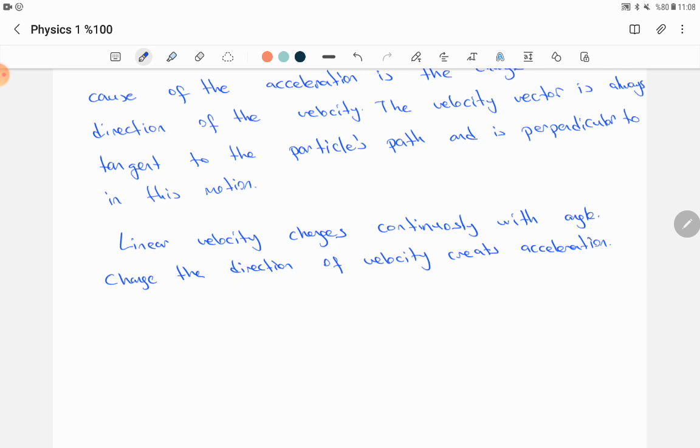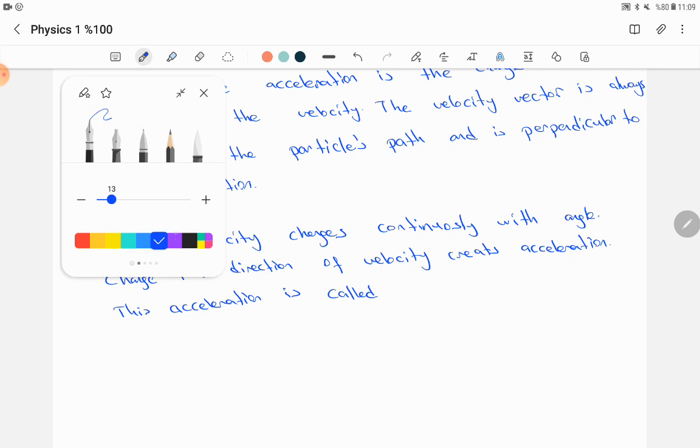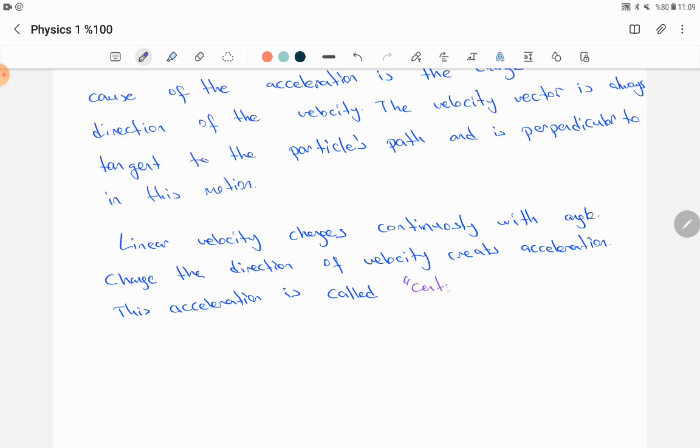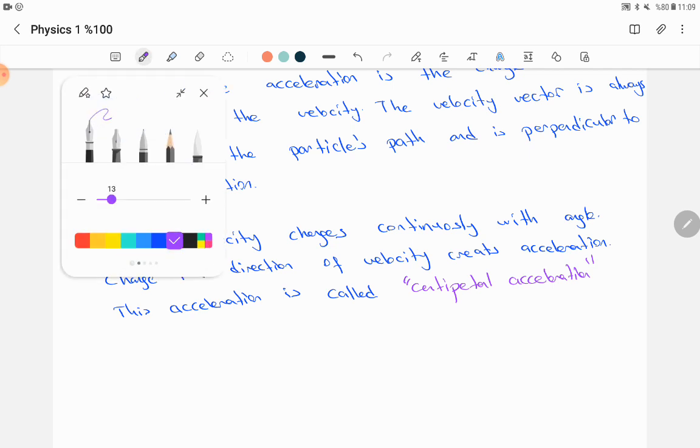This acceleration is called centripetal acceleration.